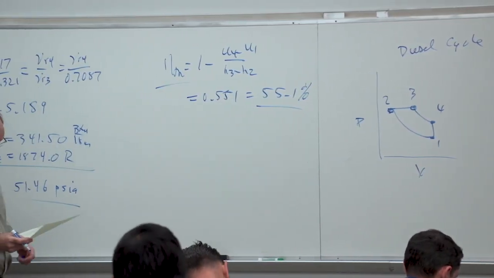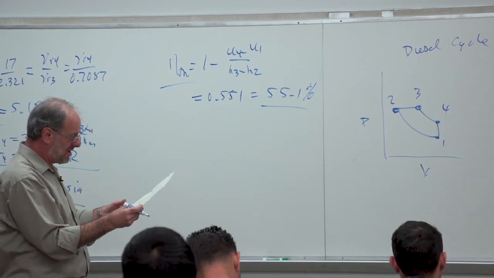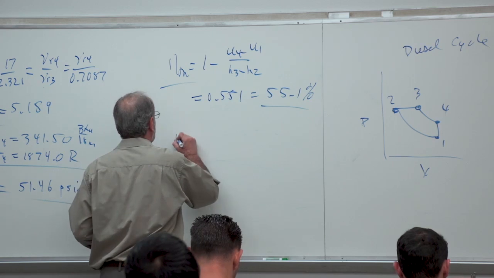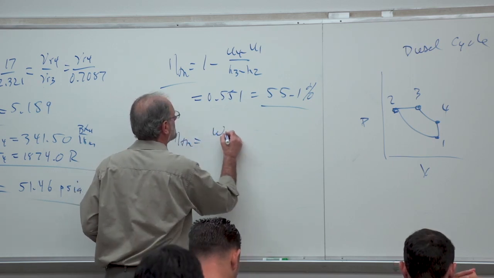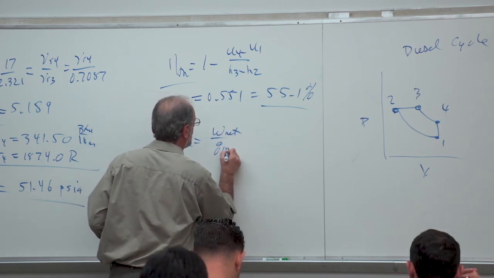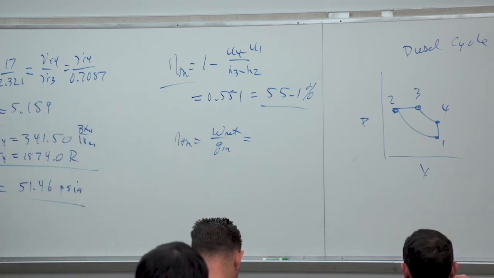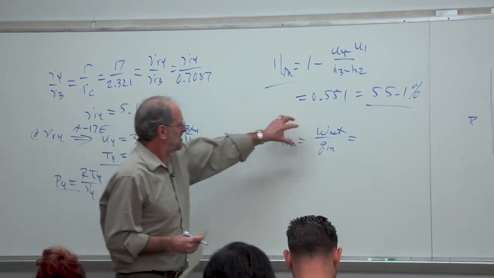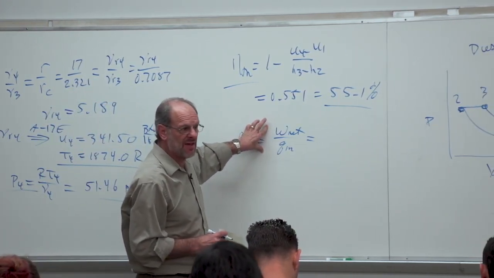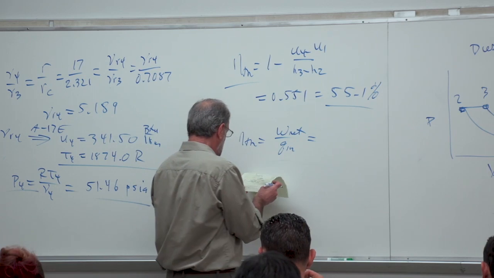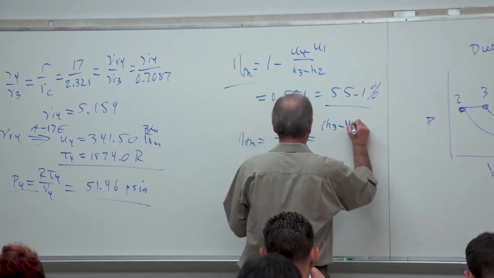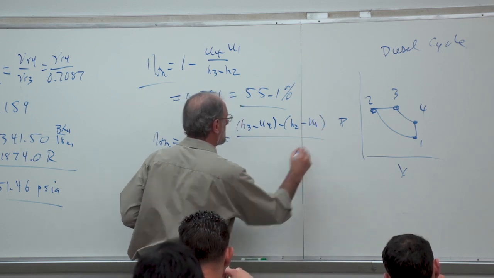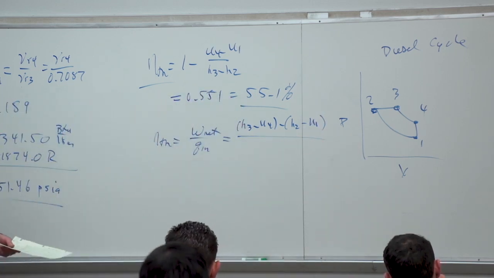Okay. So there's a pretty complete example problem. I might note that in some problems, you may be specifically asked to find the net work or specifically asked to find the heat input. In that case, just use those directly if you've already calculated them. I mean, we know that the net work input is going to be H3 minus U4 minus H2 minus U1. I'm pretty sure that was derived for you last time.